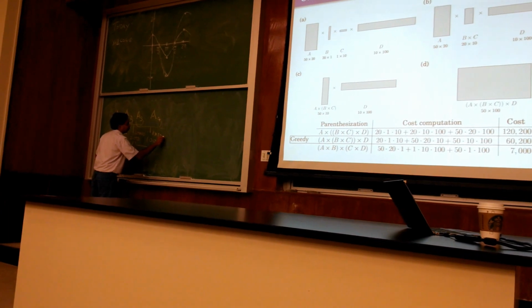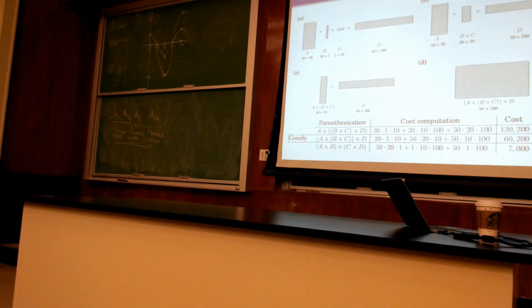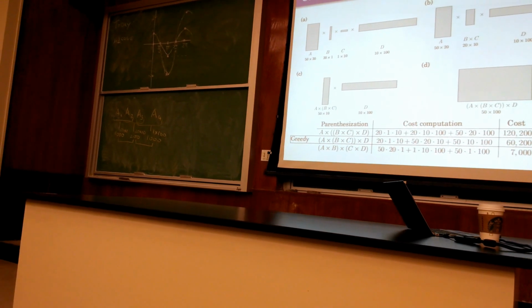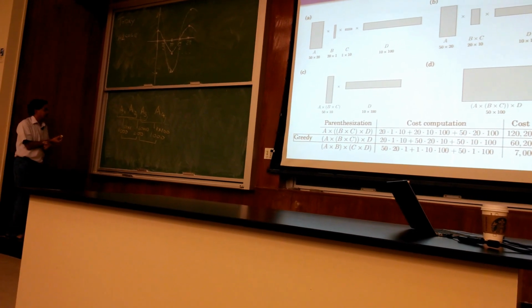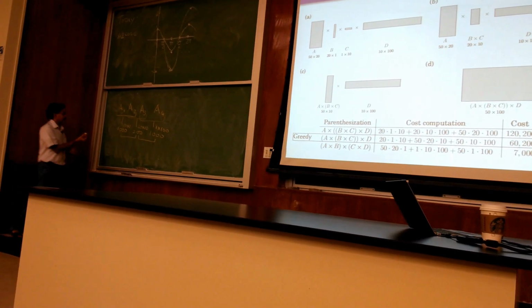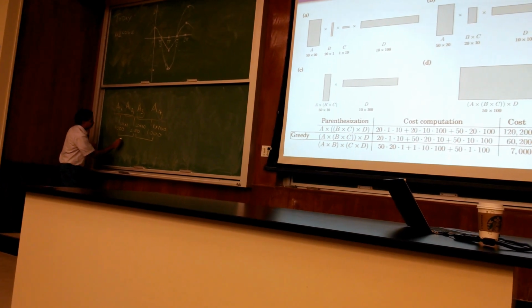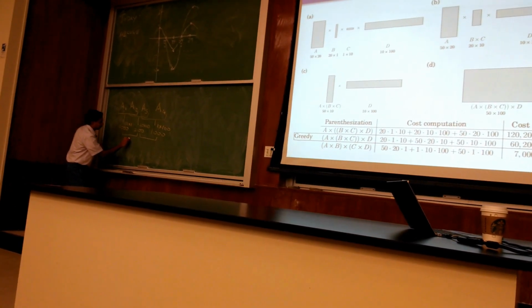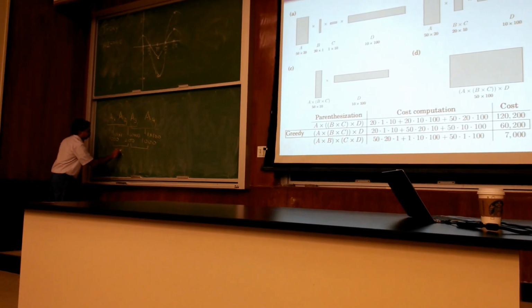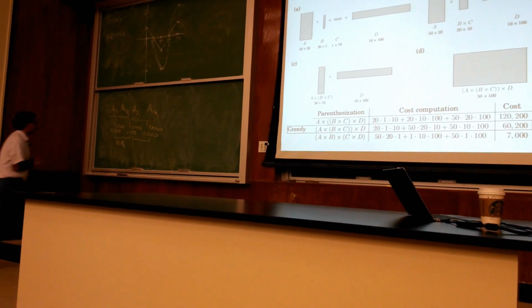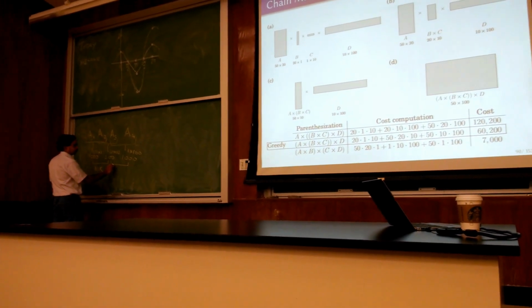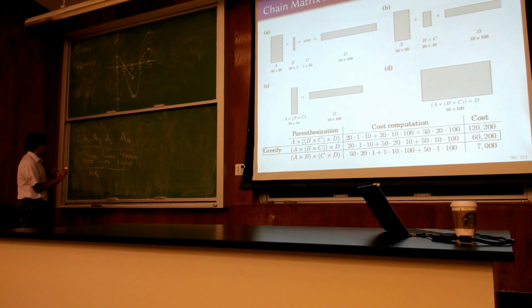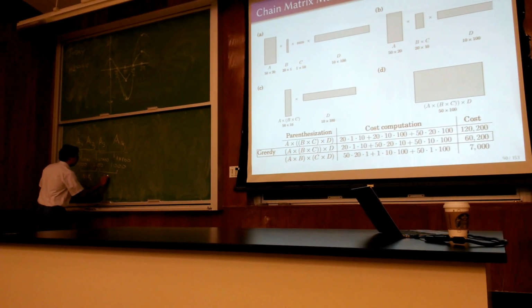Just tell me if I'm making a mistake, because I'm trying to read the slide. Now you consider doing this product. That gives you 50 times 20 times 10, which is 10,000. And this gives you 20 times 10 times 100, which is 20k.